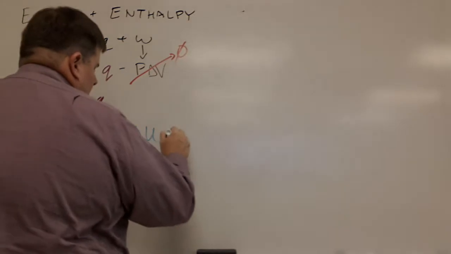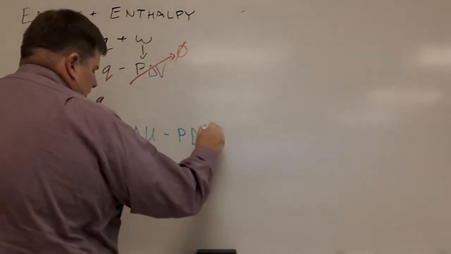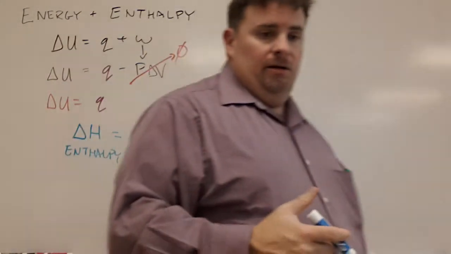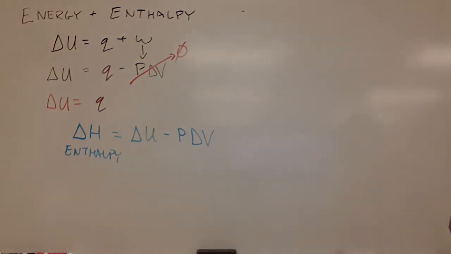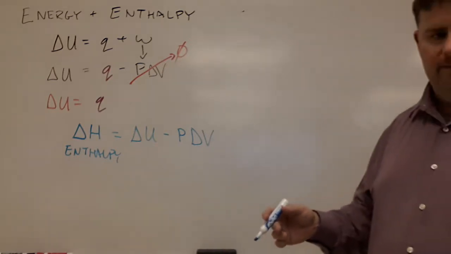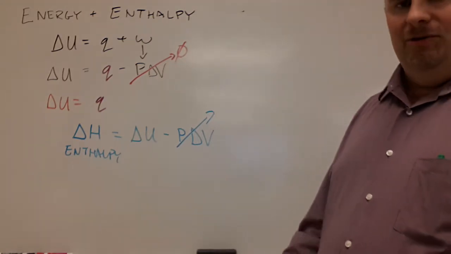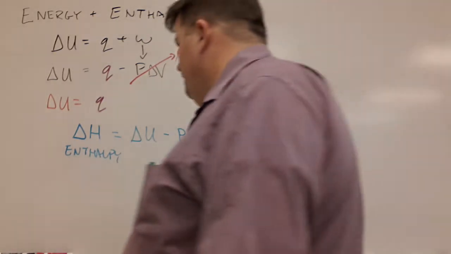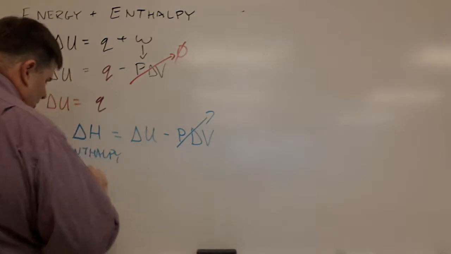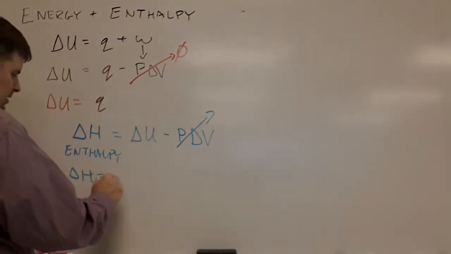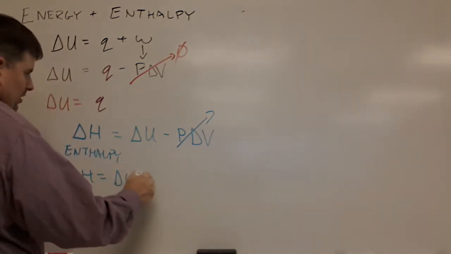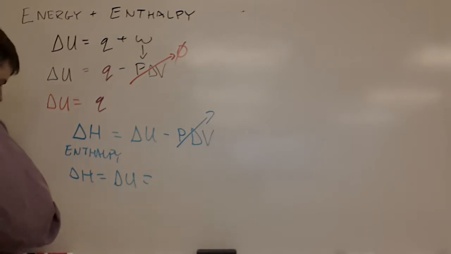Enthalpy is a representation of delta U, and again, pressure times change in volume is also represented in this particular equation. So I know that if pressure is the same, or if volume is kept constant, both of these are going to fall out of the system. So now there's a relationship here. Delta H is equal to delta U, and I know that delta U is equal to Q from the top here.